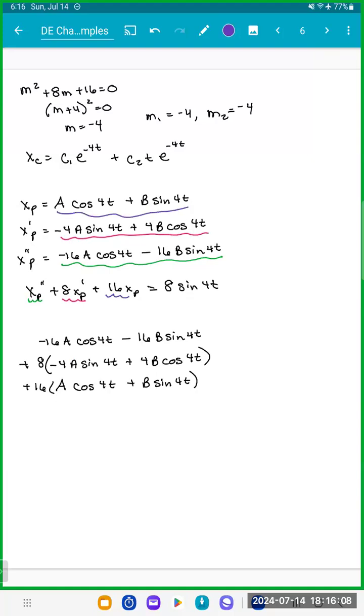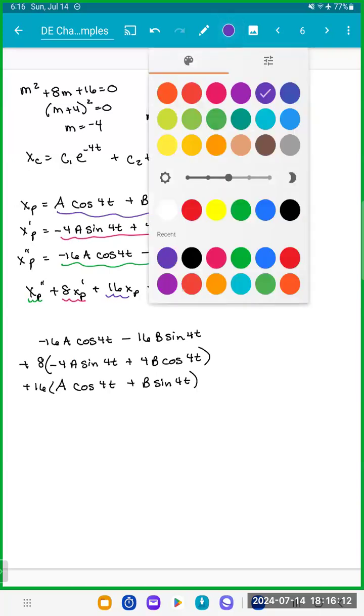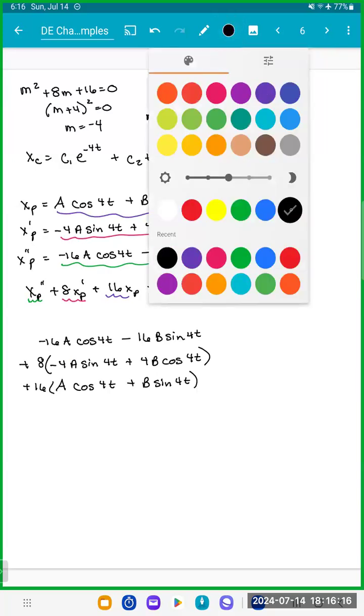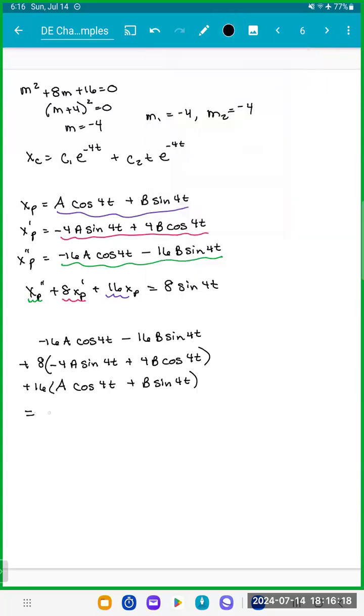And all of that is equal to our 8 sine of 4t.